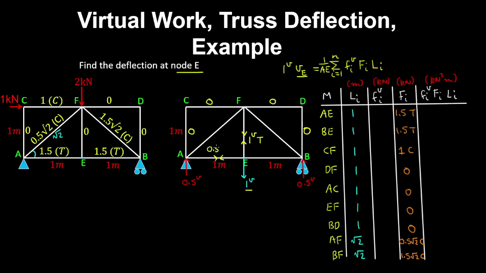So it'll be 0.5 tension, and by horizontal equilibrium we have the same force in member AE, which is tensile by convention. And the force in member AF is compressive, so 0.5 root 2 virtual in compression, and by symmetry we have the same force in member BF, which is also compressive. And now we can write the virtual forces in the table.